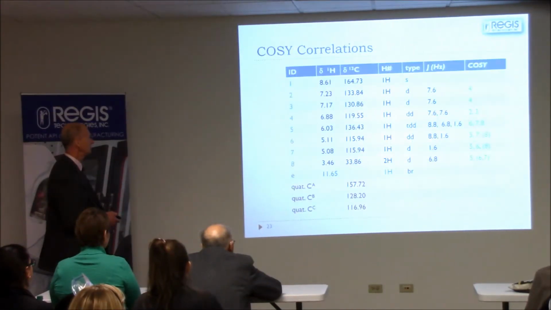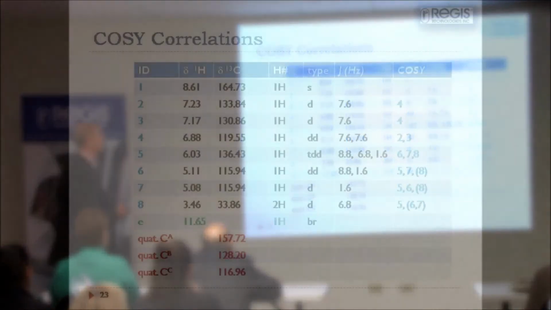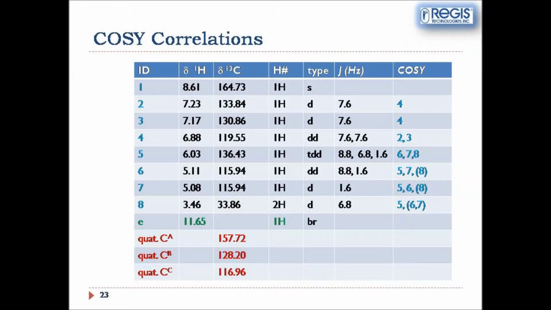So when we finish the analysis and plot the data, we can see a number of correlations: proton 2 to 4, 3 to 4, 5 to 6, 7, 8, 6 to 5, 7, and 8. And the exchangeable proton doesn't have any correlations in this case, which is not untypical.